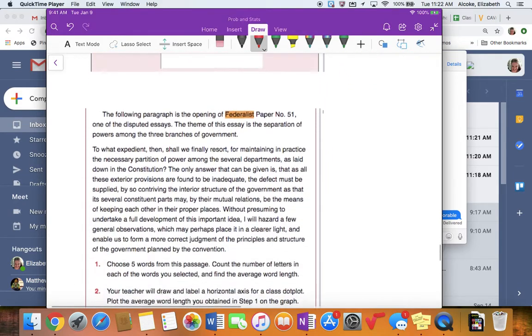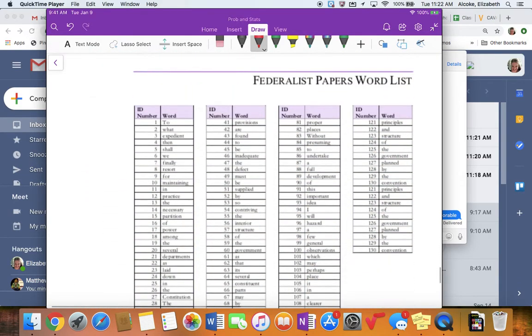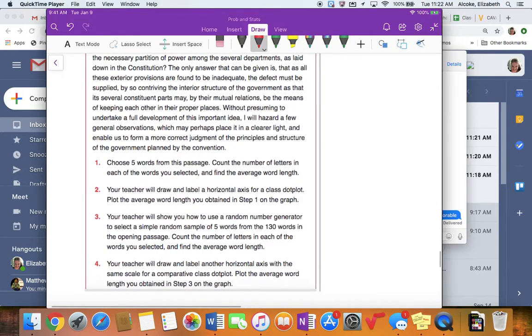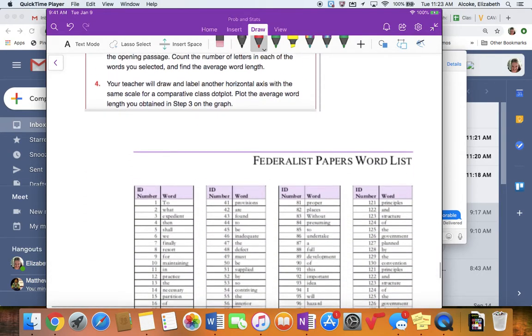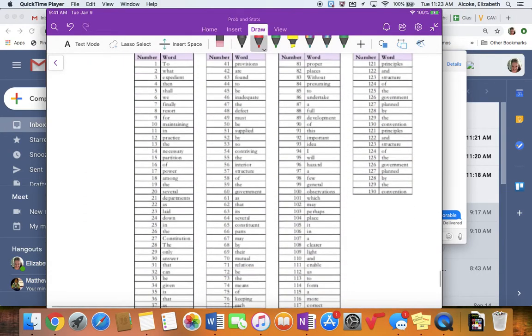This was the example of the Federalist paper. Since we're doing the Beyonce Lab, I'm not going to look at this. But for example, let's say I wanted to choose 10 words out of the Federalist paper word list. Notice there are 130 words, so I would say 1 to 130, and I want to choose 10 words. It will spit out numbers for me, all the way until I get 10 samples.